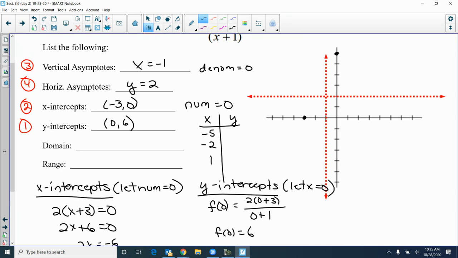Is it positive? Is it negative? You've got to have at least 3 numbers for this problem. If you think you need more, you can do more, but you need at least these 3.